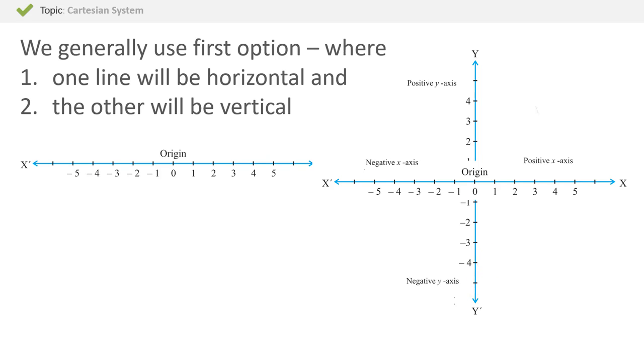You can also divide it into quadrant 1, quadrant 2, quadrant 3, or quadrant 4. So a plane can be divided by two perpendicular lines, in this example x-axis and y-axis, which in turn divide the plane into four sections, represented as quadrant 1, 2, 3, and 4. You can also notice that the place where these two lines intersect each other is known as origin.